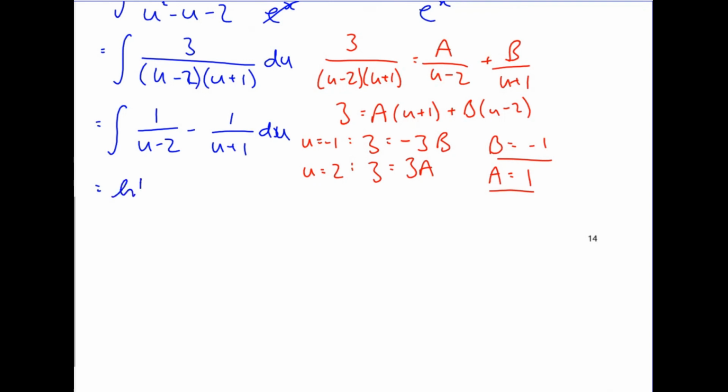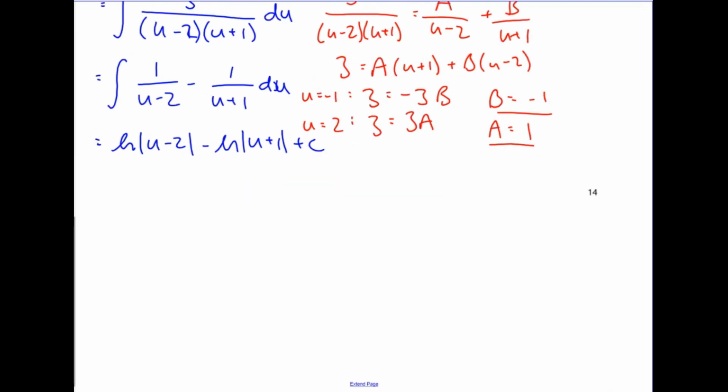So this integrates to ln of u minus 2 minus ln of u plus 1. There's no numbers in front of the u's to divide through by. You can leave it like that and then sub them back in, or I'm going to put this together into a single ln.